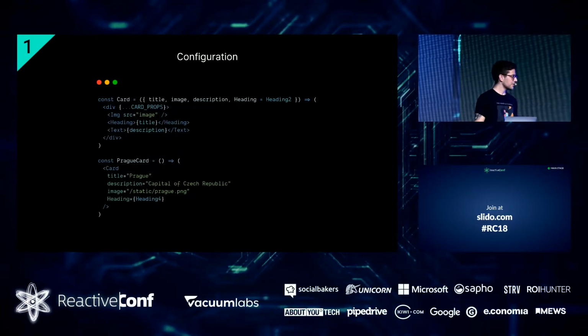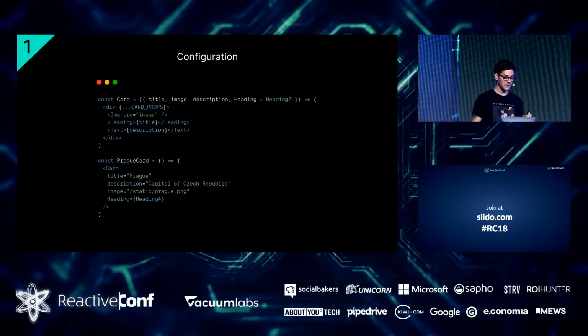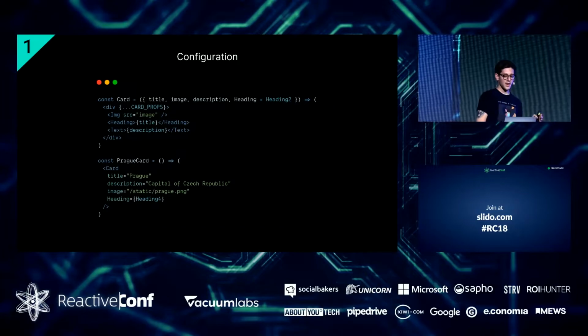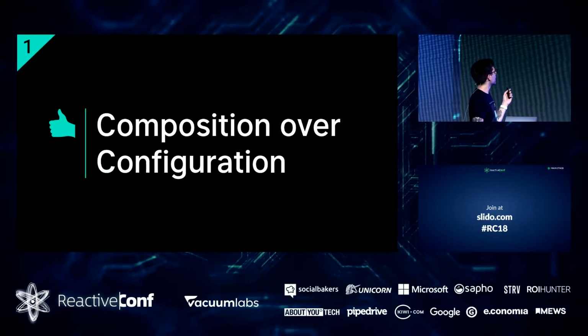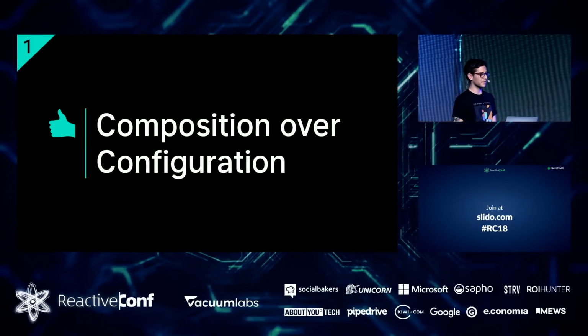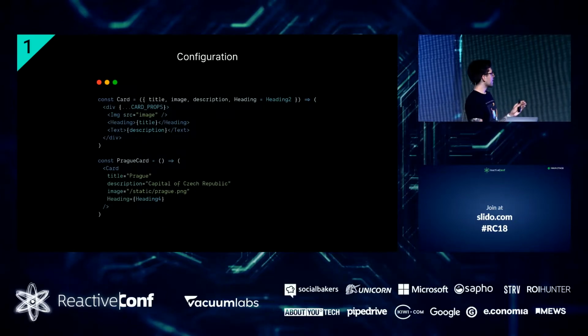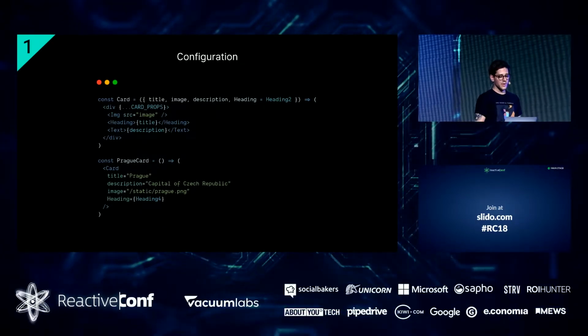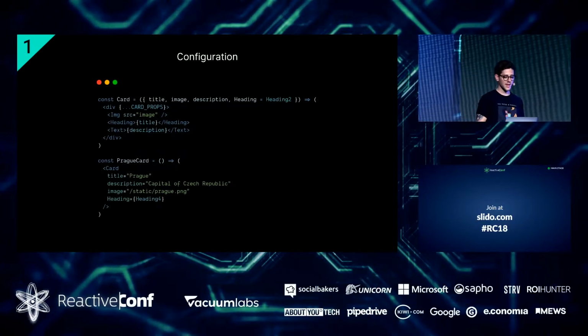Now, the solution I'm proposing for this is probably not actually a solution, but more like avoiding the problem in the first place. And we can achieve that by embracing composition over configuration. So instead of configuring everything via props, we just don't render those nested components in the card in the first place.